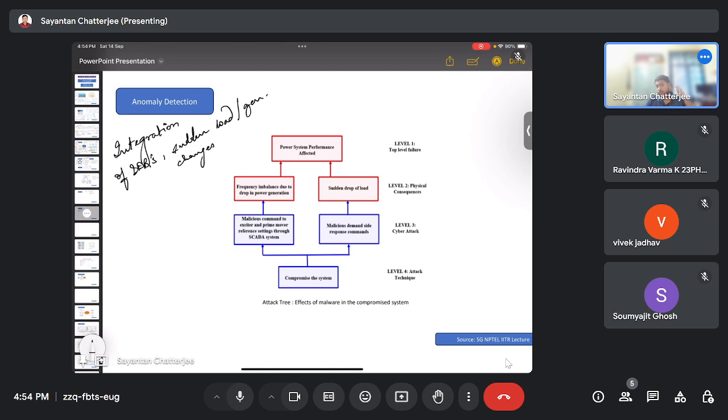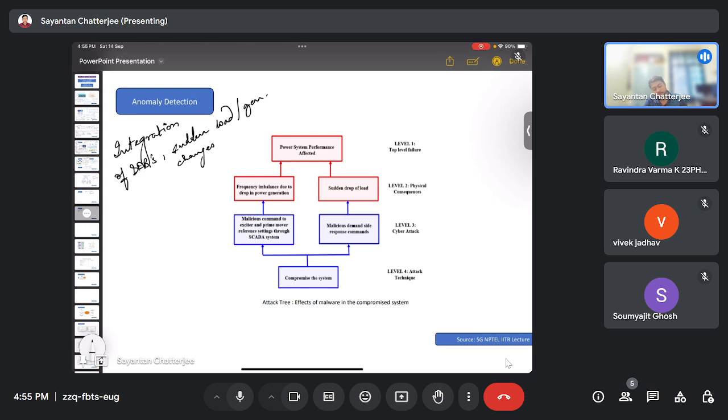Okay, so when we have the information of load changes, everything is done on a forecast basis. Since we have a forecast being done, the forecast itself contains uncertainties.